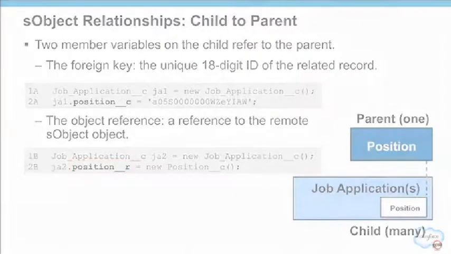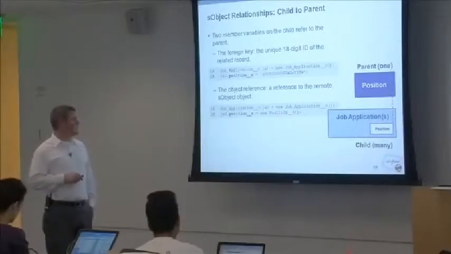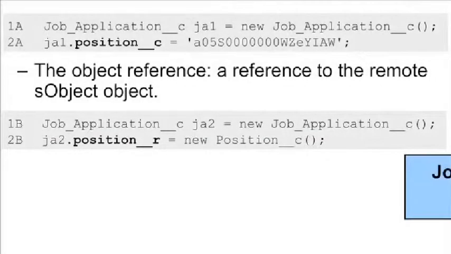Okay? I can then use that reference to now access those fields on, in this case, that parent record. All right? So notice the data type down here. On my job application, the position__r is a reference to an instance of a position object.